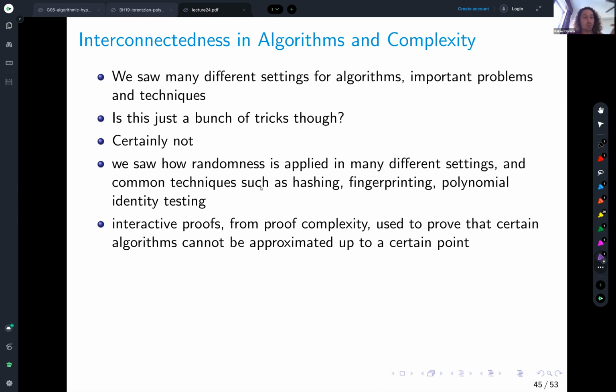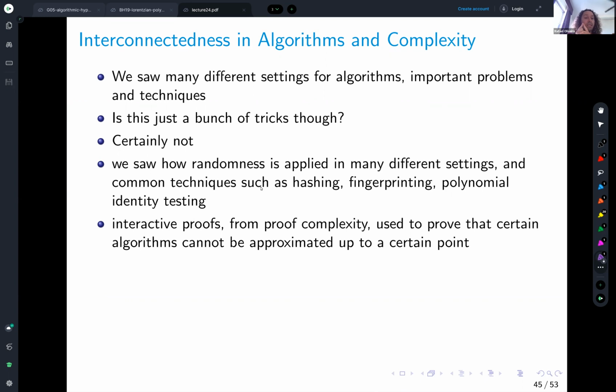So here we saw the connection between having small proofs for certain claims can actually help us in proving that certain algorithms cannot be approximated up to a certain point, right? So you can see here a connection between two different areas, in algorithms and complexity theory, right? That they're essentially intrinsically related.